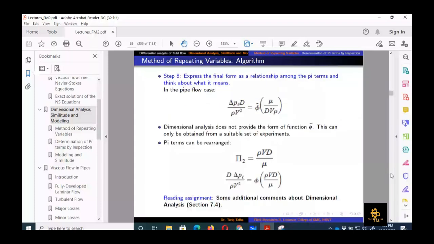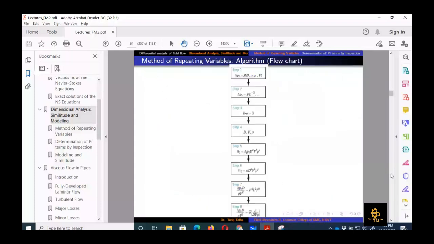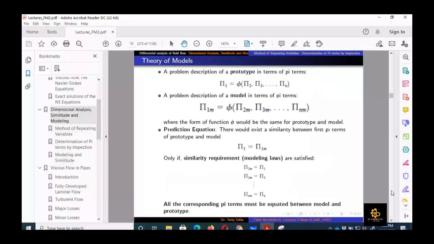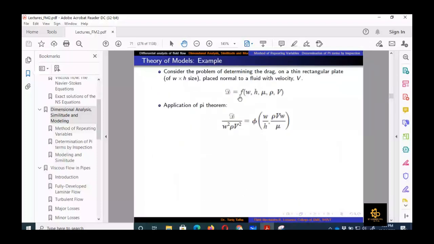For example, in this problem, where we were studying the drag force on the rectangular plate, we could take W and H as repeating variables. Now, W and H have the same unit, so they are not dimensionally independent, and as the third we take velocity. So the repeating variables we chose are W, H, and V.